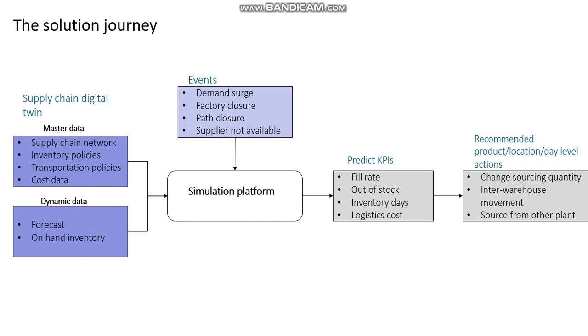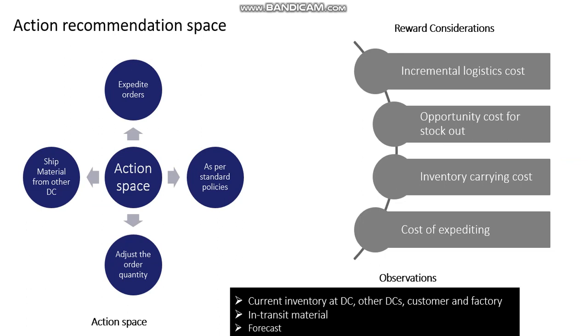Changing the quantities, doing inter-warehouse movement, sourcing from some other supplier or some other plant. A set of actions is to be fed, which is commonly taken by the company or feasible as the planner sees. For example, in the case of shortage, we can take actions like expediting the orders, shipping materials from other DCs, adjusting the order quantities, or even just following the standard policy.